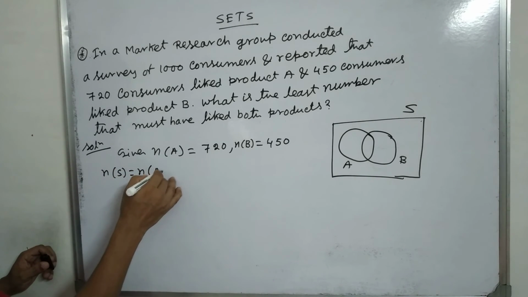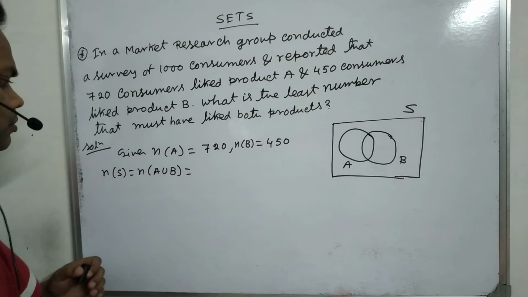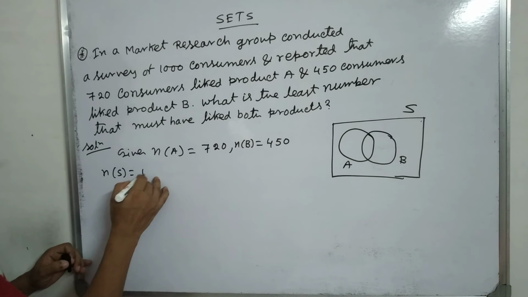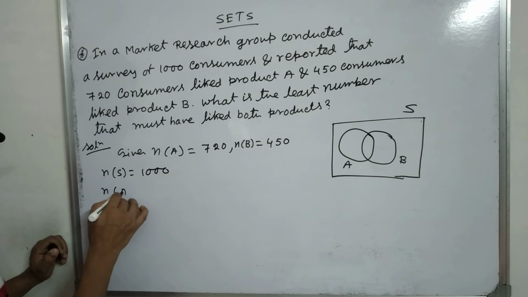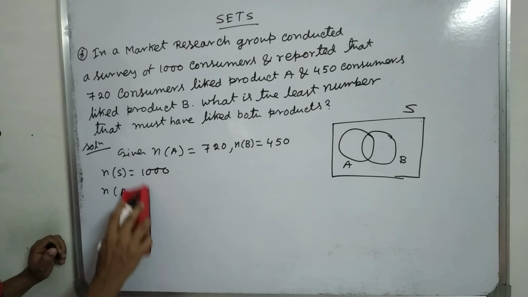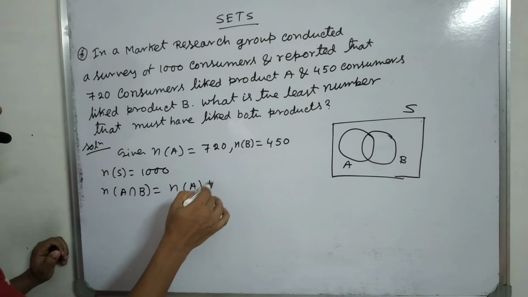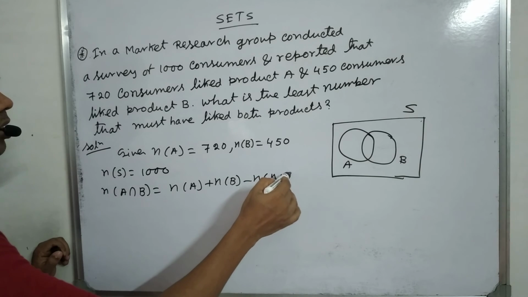A union B means they like either product A or product B. So n of S is equal to 1000. Now n of A intersection B means the number of people who like both products, and this is n of A plus n of B minus n of A union B.